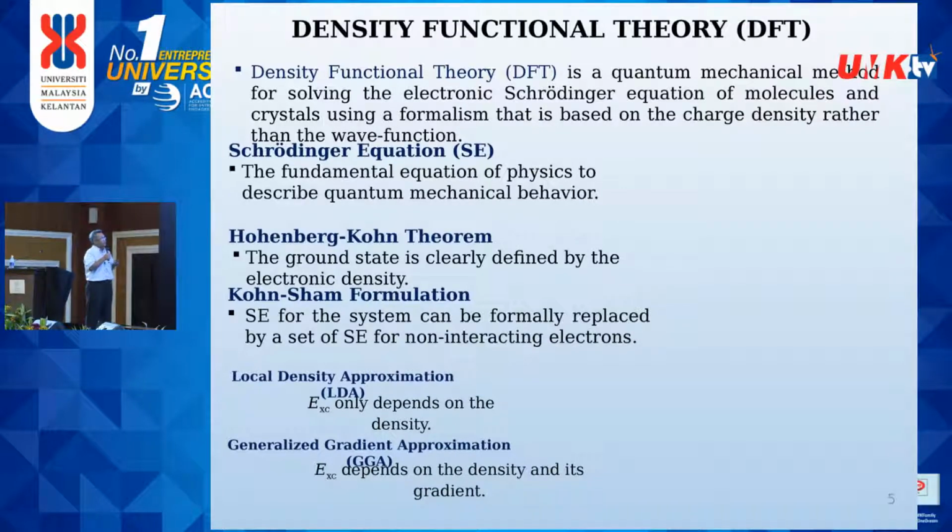So it is based on the Schrodinger equation and also the Hohenberg-Kohn theorem and Kohn-Sham formulation, which we use to develop or make some corrections for our computational method. For the local density approximation, the exchange-correlation only depends on density, and we use the generalized gradient approximation, GGA, which depends on density and its gradient.